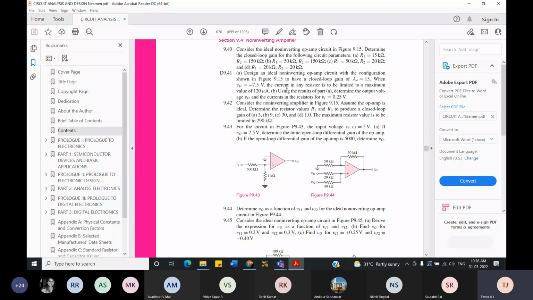Current through both the resistors is the same. Just calculate.